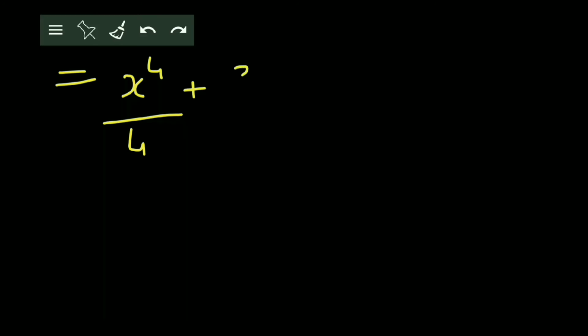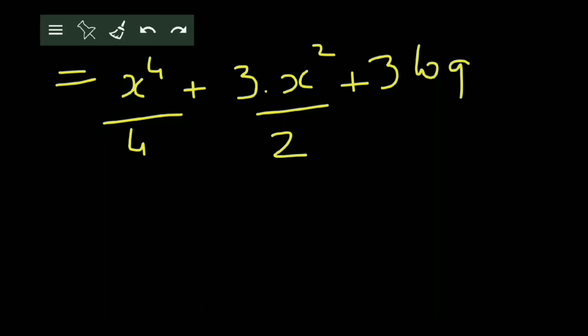Plus 3 is a constant, the integral of x is x square upon 2. Those of you who have learned this will find it very easy. 3 upon x, we have written as 3 into 1 upon x, and the integral of 1 upon x is log x. So we get here 3 log mod of x.